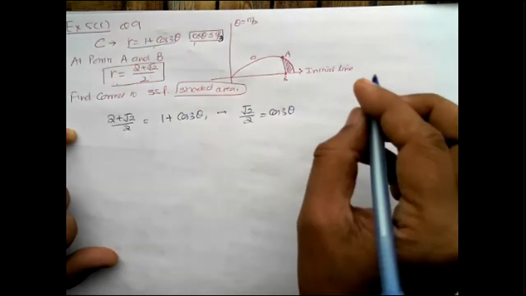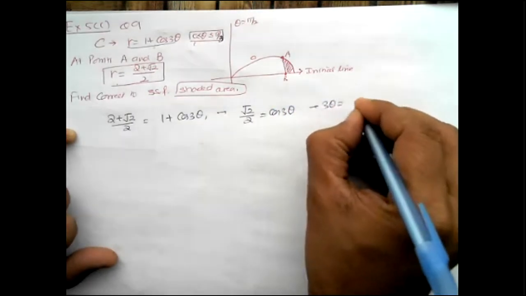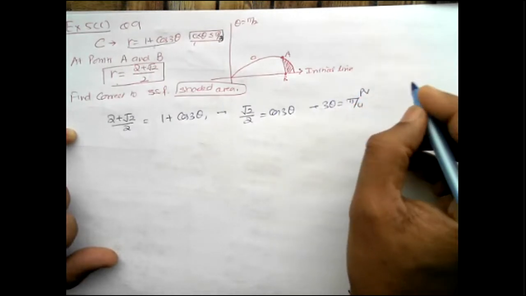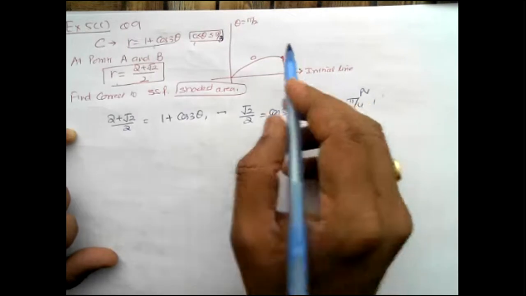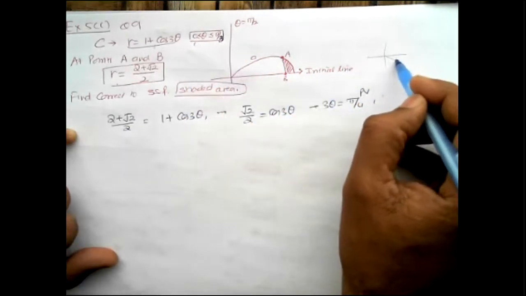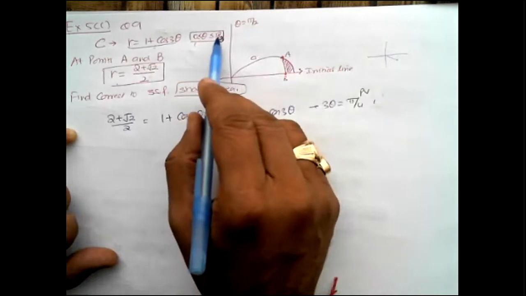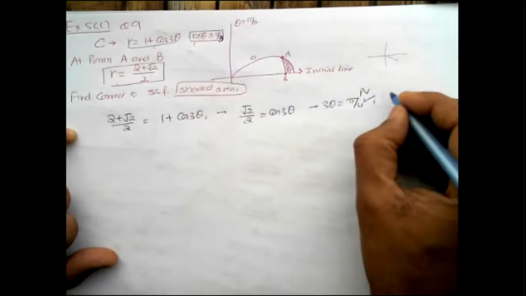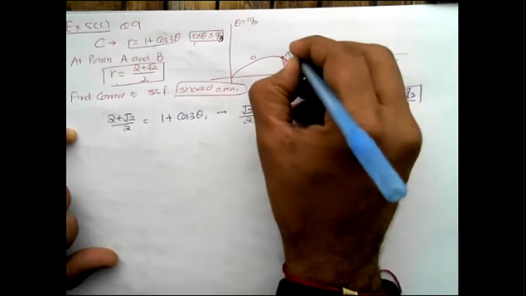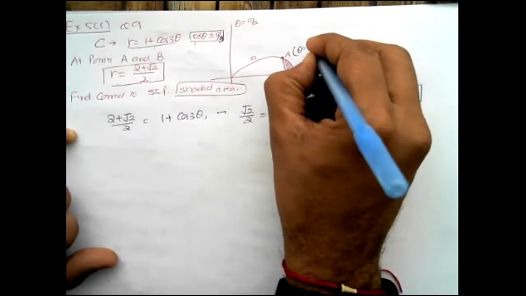And 3 theta is equal to pi by 4, the principal value. We don't need the secondary value because the secondary value of the cos will come in the fourth quadrant, and theta is only between 0 and pi over 3. That's the only value we can take. So theta is equal to pi over 12. That means at A, theta is pi over 12.